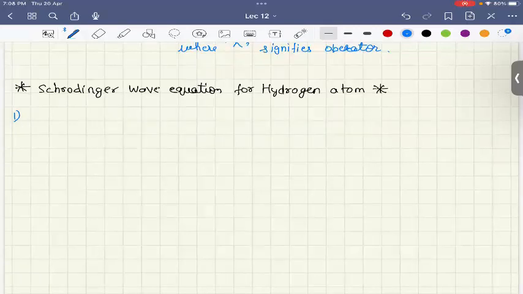These values of energy are called eigenvalues, and the corresponding values of wave functions, that is psi of the electron associated with these energy values, are called eigenfunctions.